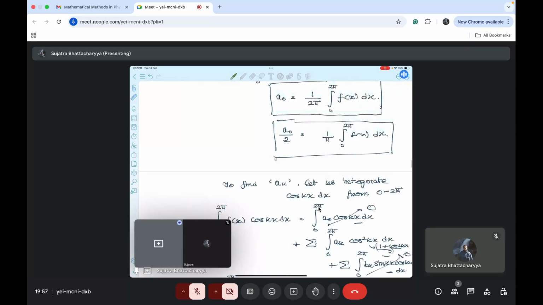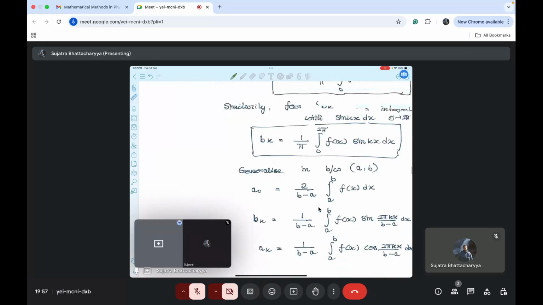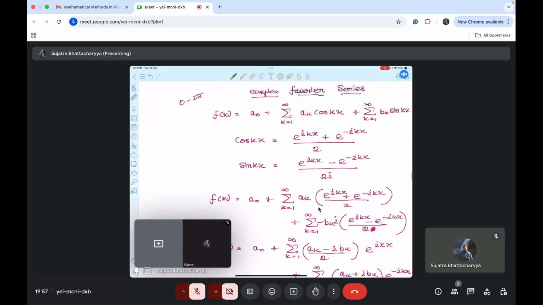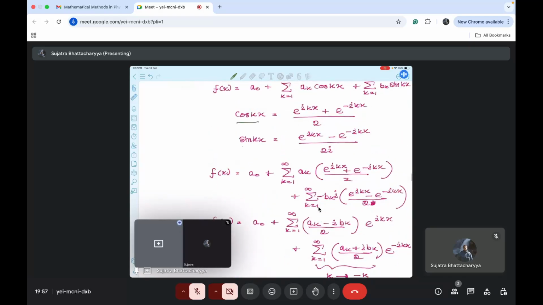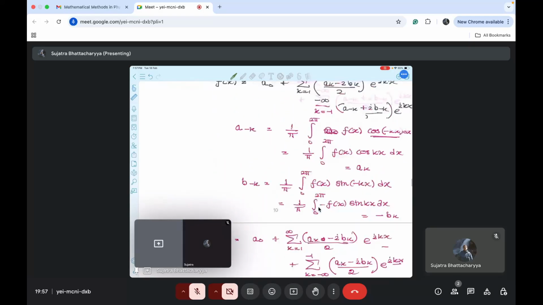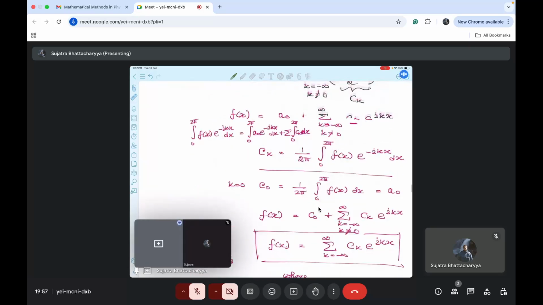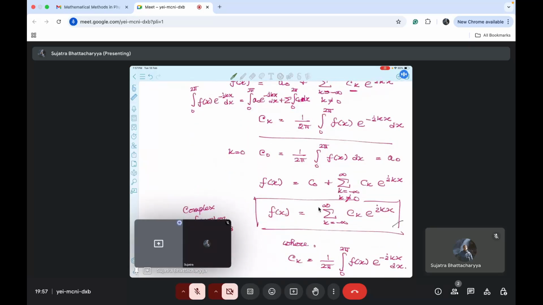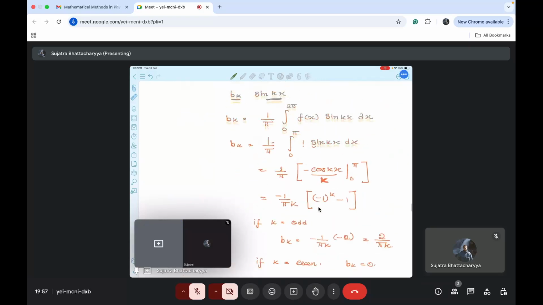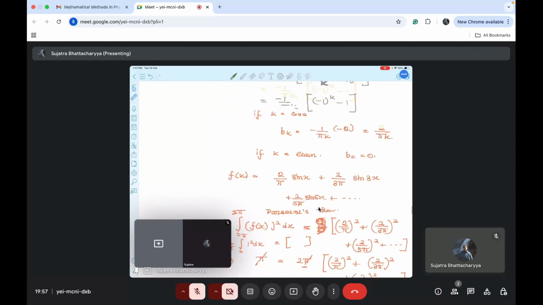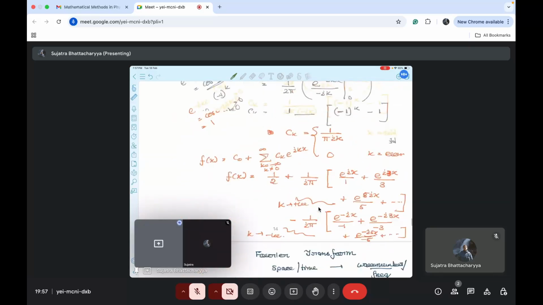We found out how to calculate a naught, ak, and bk, and then the complex Fourier series, just writing the cos kx and sin kx, and including everything. This is the complex Fourier series. We solved one question about Parseval's theorem as well as the complex Fourier series.